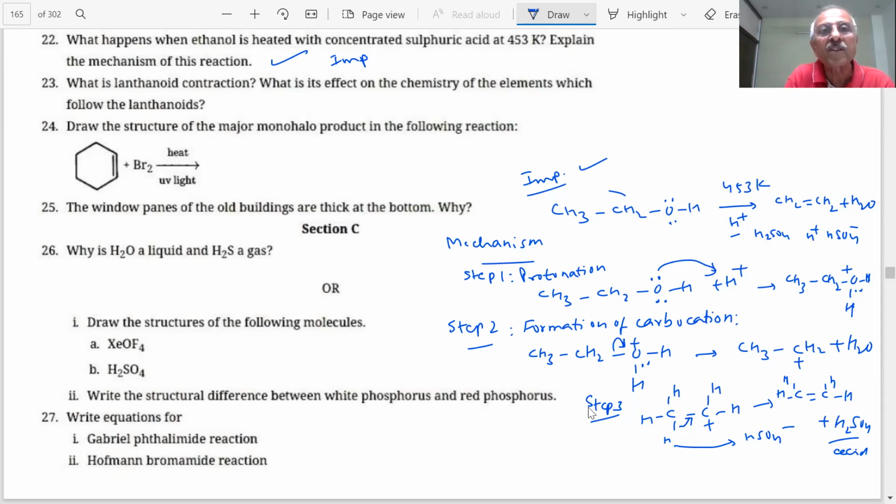What is the lanthanide contraction? What is the effect on the chemistry of elements which follow the lanthanides, student?